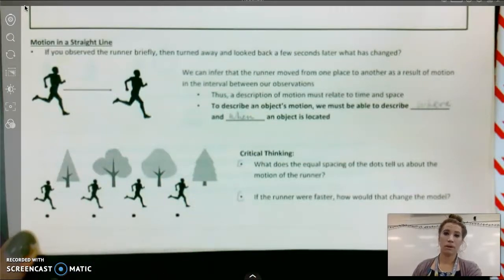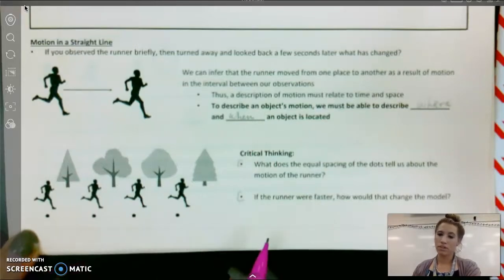First thing you should know about the dots is we place a dot at even increments of time. Okay, so maybe this is 1 second, then 2 seconds, 3, 4. So if the dots are evenly spaced and they have the same time interval, then his speed must be the same. He's covering the same amount of distance in the same amount of time.